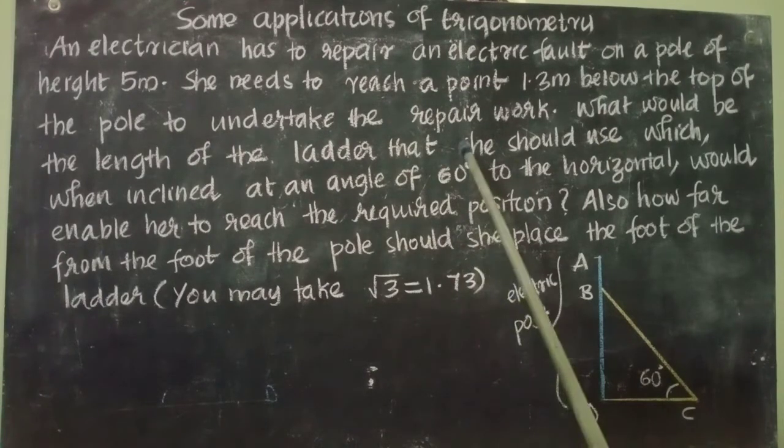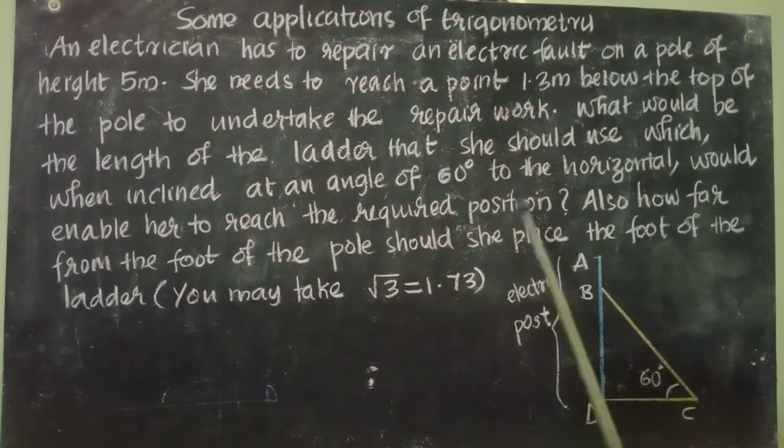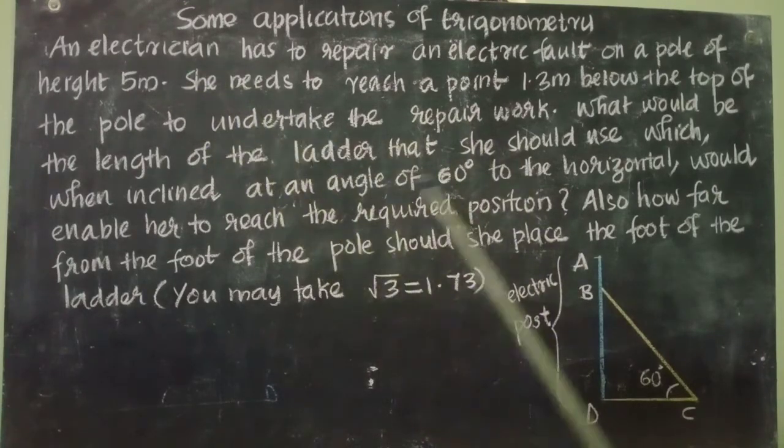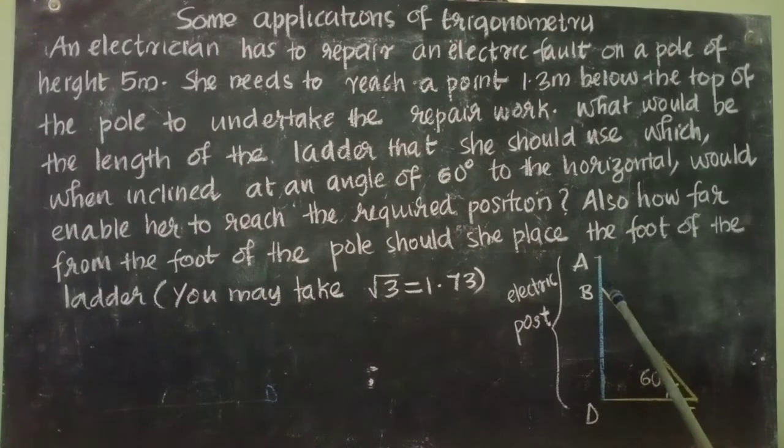So, based on this information that is given in the figure, this AD is our electric post of height 5 meter. The electrician has to reach 1.3 meter below the top of the electric post.